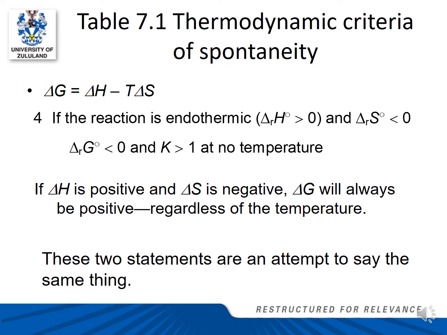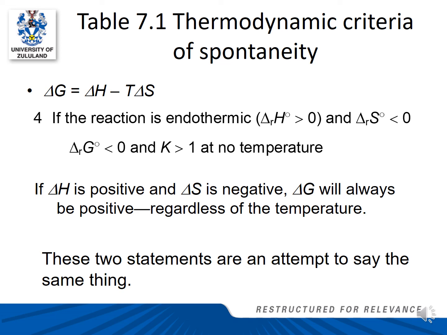So moreover, still talking about the criteria of spontaneity, looking at table 7.1, we said that delta G equals delta H minus temperature times the change in entropy, delta S. So what about when we have endothermic? For an endothermic reaction, it means that the value of delta H should be greater than 0, and the value of entropy should be less than 0.